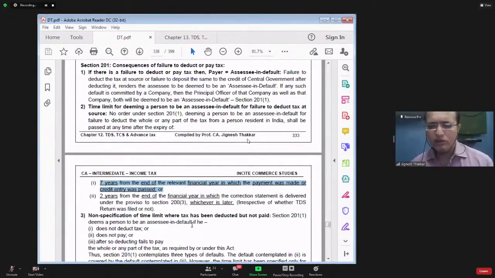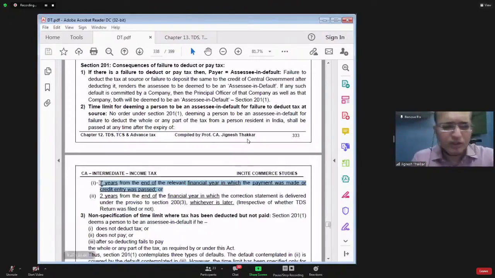So here, if payer has defaulted in deducting TDS, payer has either not deducted TDS or he has deducted TDS but has not paid TDS to the government, then the income tax department will consider payer to be assessee in default. For considering payer to be assessee in default, they will have to pass an order. That order is required to be passed within the specified time.